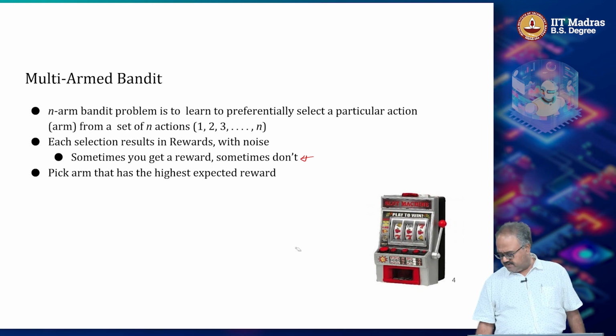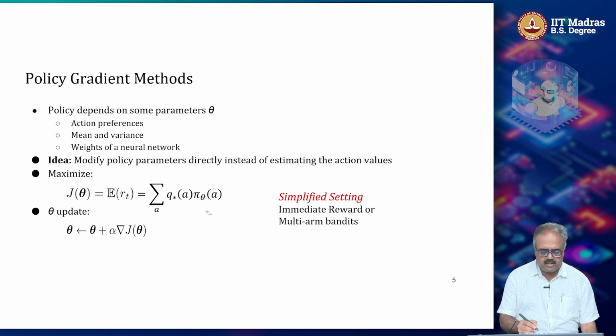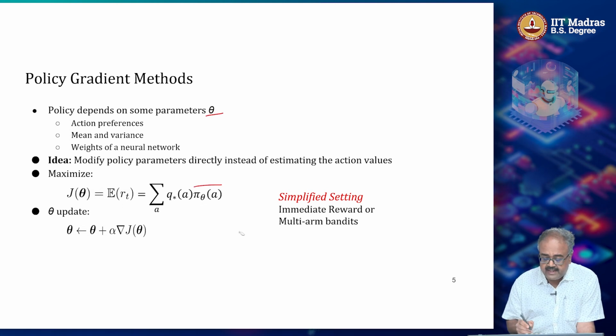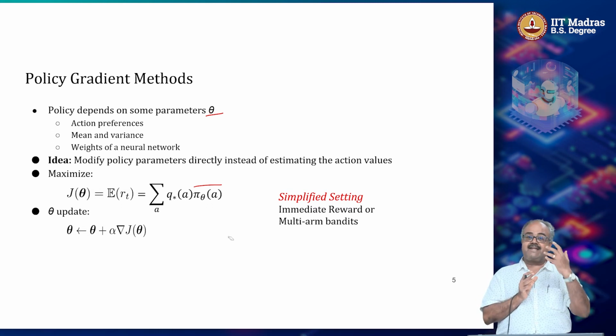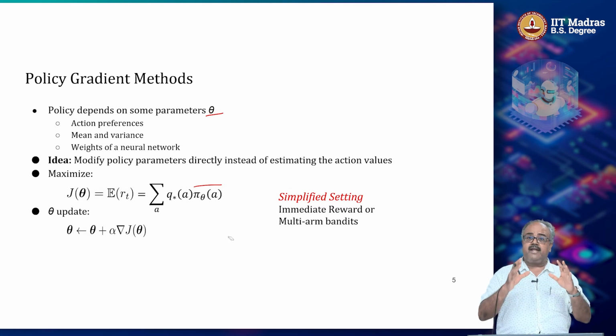A couple of notational things I'm going to use. First of all, I'm going to assume that there is some set of parameters theta. And pi theta of a is the probability with which I'll select action a when my parameter setting is at theta. So when the parameter setting is theta, what is the probability I'll select action a?